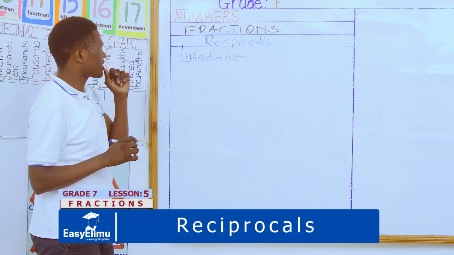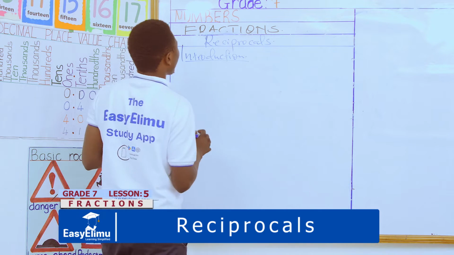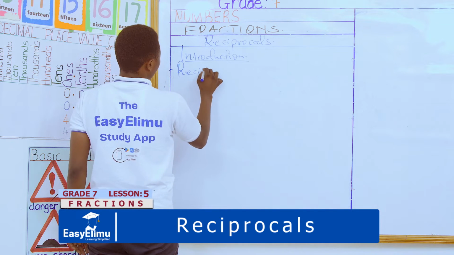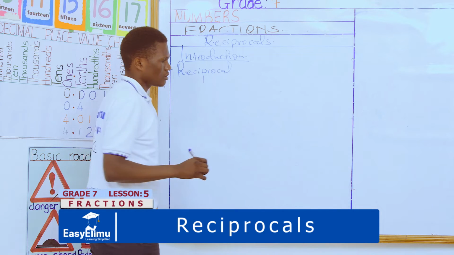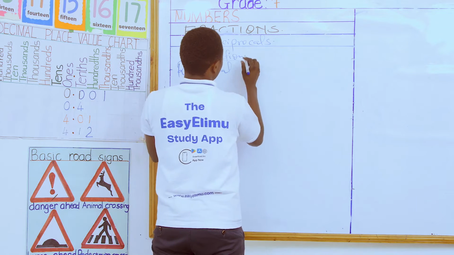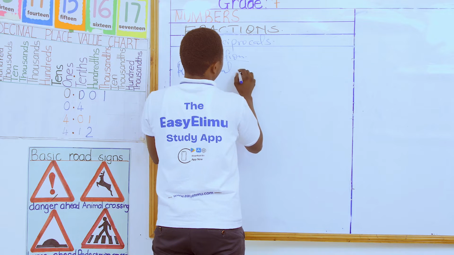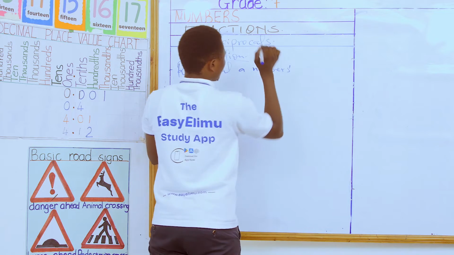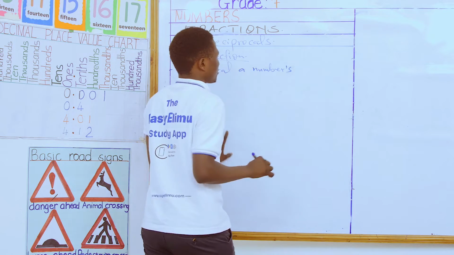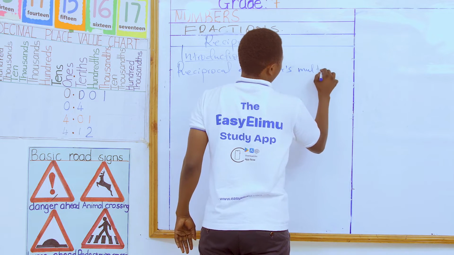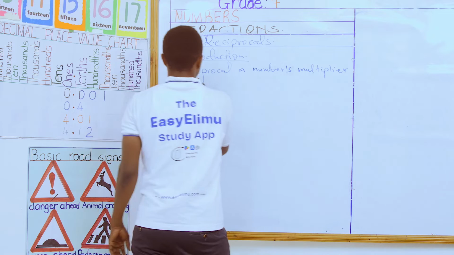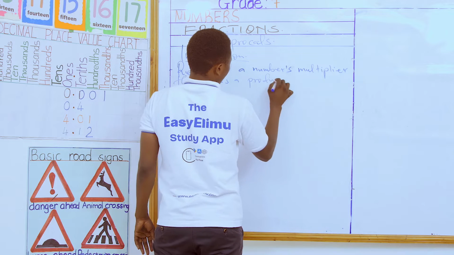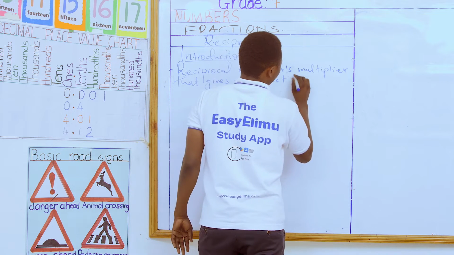So in this case, under introduction, you can just say reciprocal is a number's multiplier that gives a product of 1.